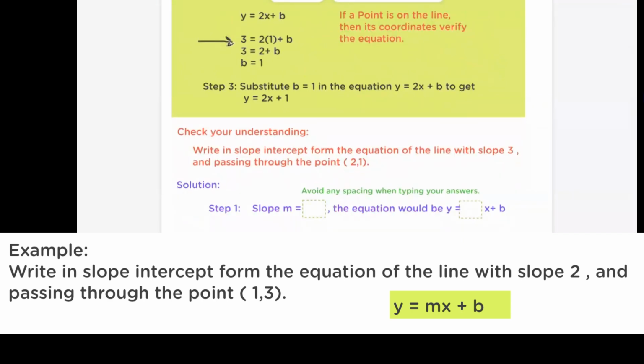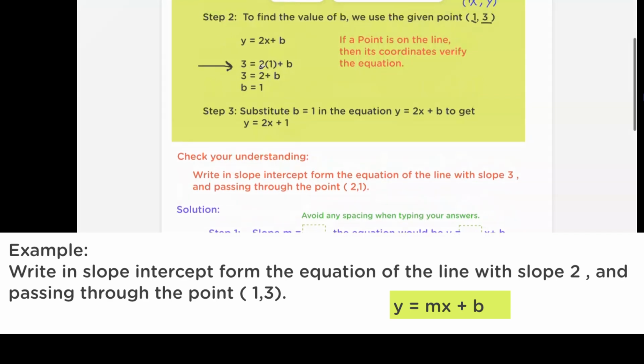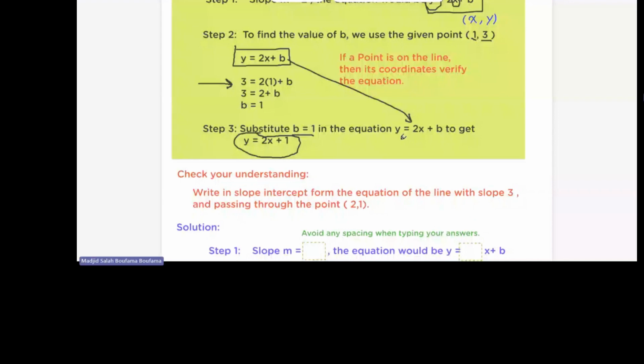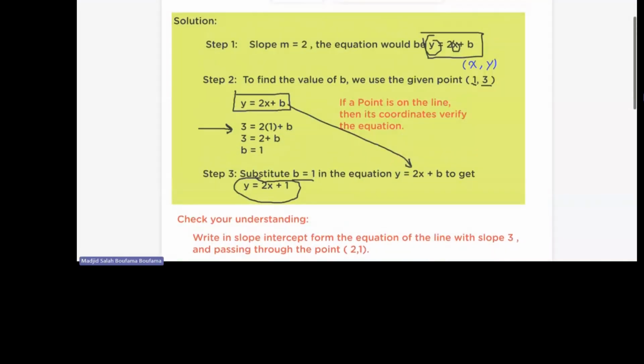After that, just calculate. 2 times 1 is 2. And then subtract 2 from each side, you get your b. b equals 1. After you get your b, put it back in this equation. Just substitute b equals 1 inside here, and you get your equation, y equals 2x plus 1. That's it. Any question?